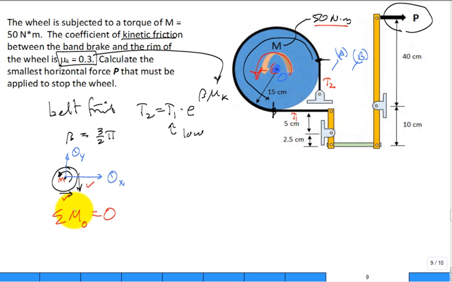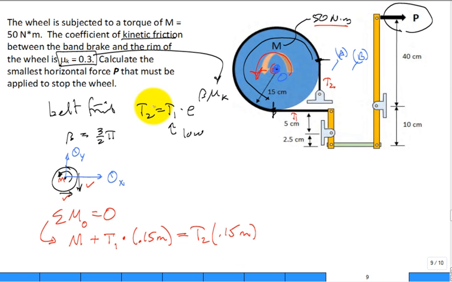Now we come down here, we write our equation so that we have our applied moment is equal to T2 times that moment arm distance 0.15 meter minus T1 times that moment arm distance 0.15 meter. Does that equation look good?